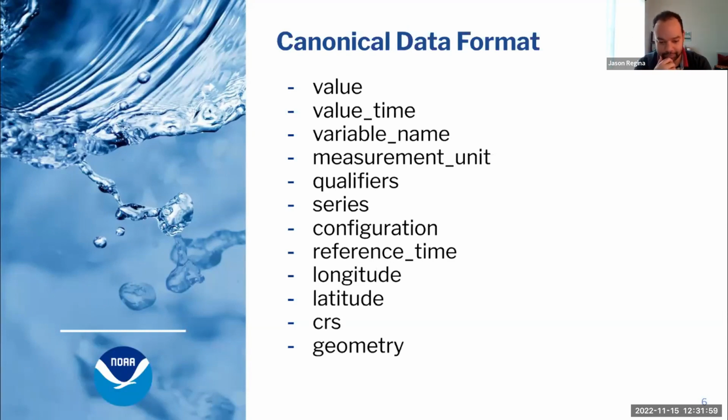It's a huge continental scale model, and so we often have to pull tons and tons of data. So we don't just need USGS observations from a single site. We need them from all the sites that are in our model.